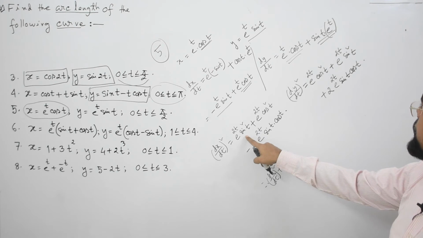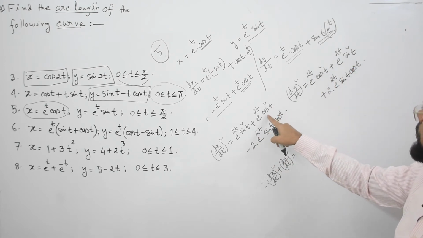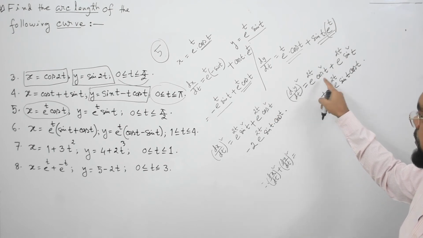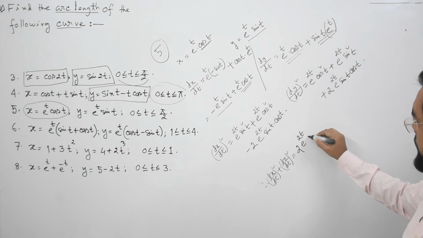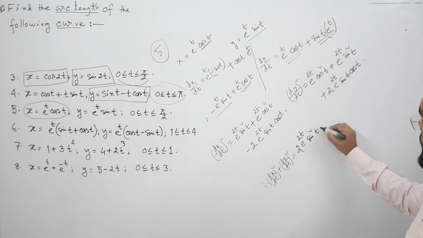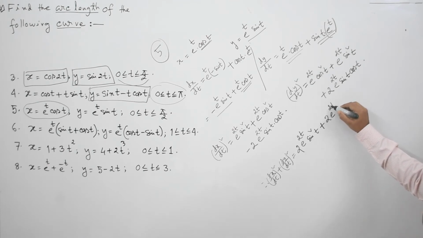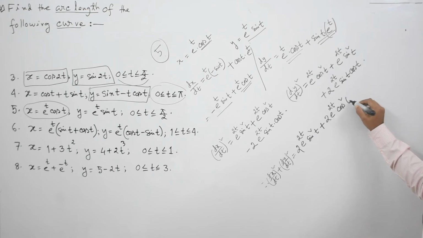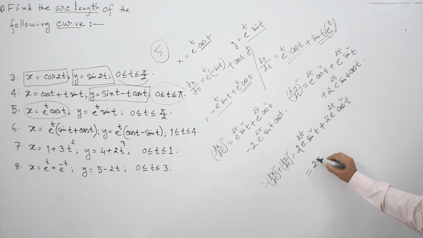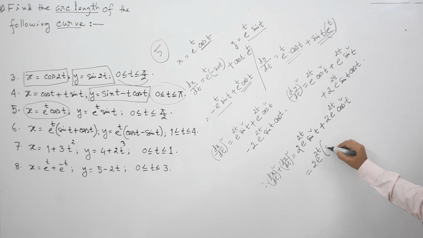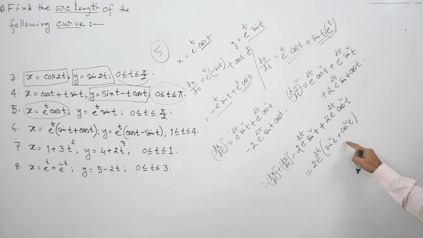So we have 2 e to the power 2t sin square t plus 2 e to the power 2t cosine square t, which is equal to 2 e to the power 2t times sin square t plus cosine square t, and this one is equal to 1.